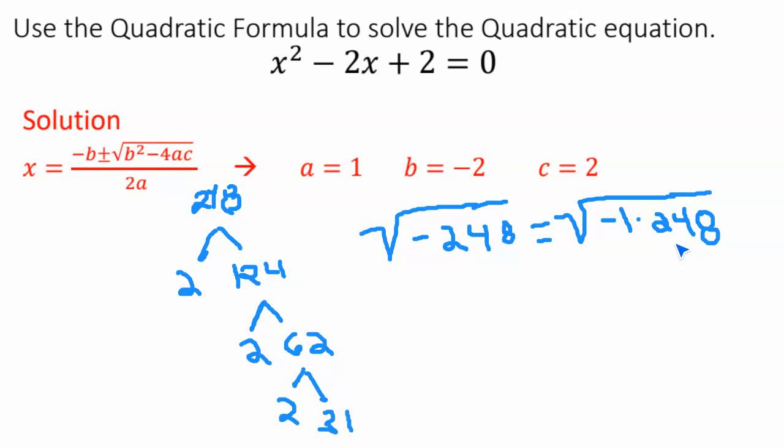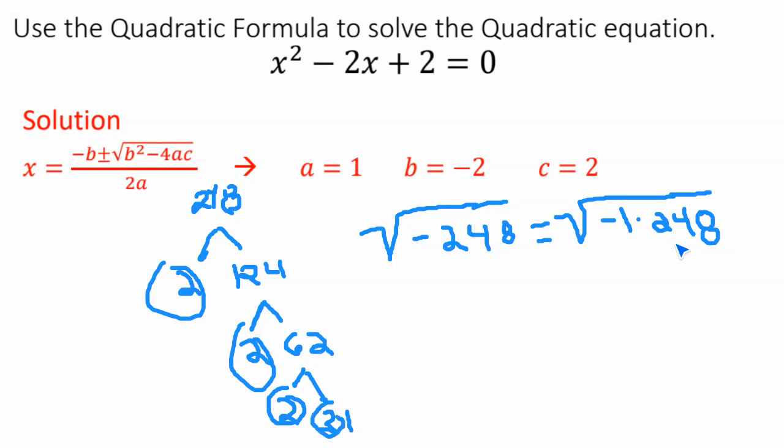So now I have all the building blocks of 248, because 31 is a prime number. I cannot divide 31 anymore. Even though it's an odd number, it's a prime odd number. Nothing is divisible by 31 except for 1 and itself. So the building blocks of 248, if I grab the leaves of my tree, are three 2s and the 31.